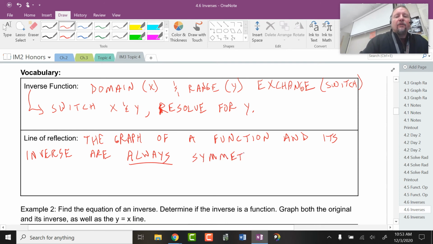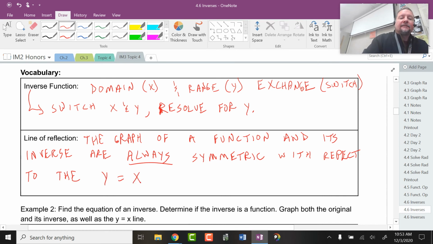I think I have a little better definition than last hour. So now we have to know how to graph lines.